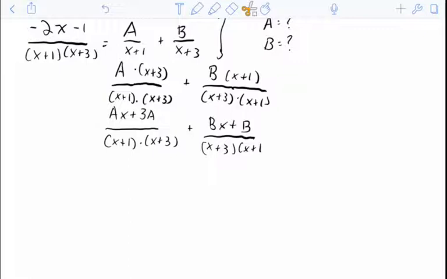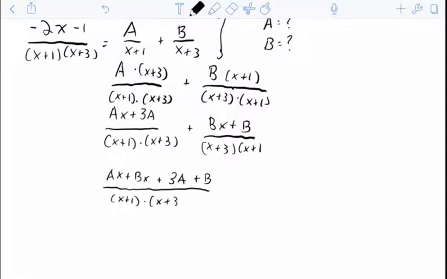So then this becomes ax plus bx plus 3a plus b, all over x plus 1, x plus 3. Which you can rewrite as a plus b, all times x, plus 3a plus b. Good, and I have just enough space.